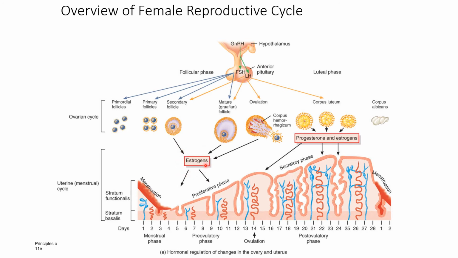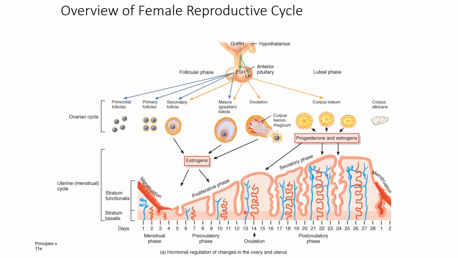We'll have a systemic look at this, but locally in the female reproductive system, estrogen will stimulate the stratum basalis layer of the uterus to grow and build a much thicker layer of endometrium. This layer is the stratum functionalis, and you can see how it grows all the way through the entire follicular phase of the ovary. So for the uterus, this is called a proliferative phase.